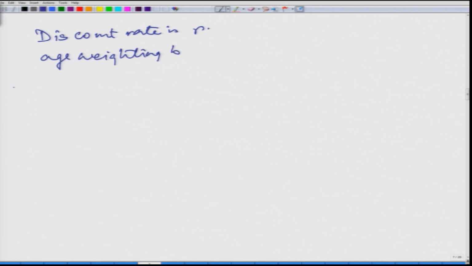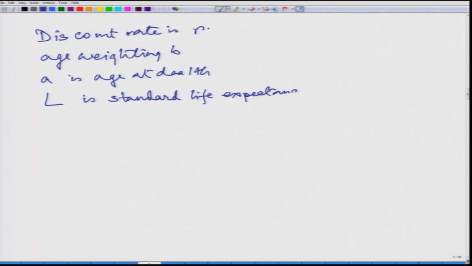My discount rate is R, age weighting is B, A is age at death, and L is standard life expectancy at age A when the person is dying.